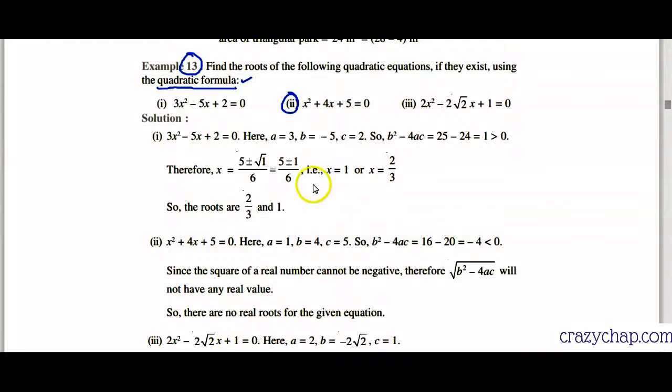Question has asked us to use the quadratic formula. So we'll be using the quadratic formula. In this equation, my a value is 1 and b value is 4 and c is 5. So we'll use that minus b plus minus square root b square minus 4ac all over 2a.